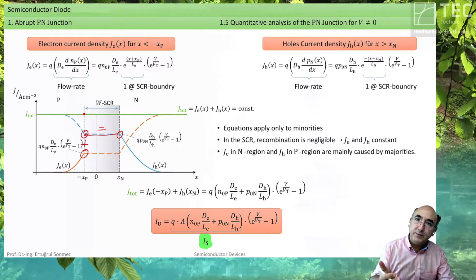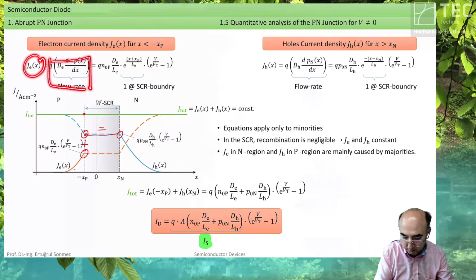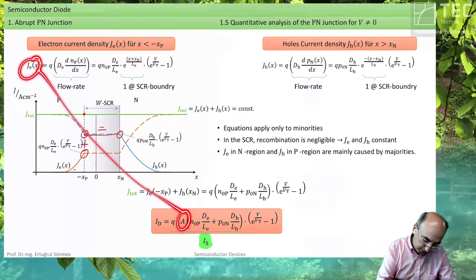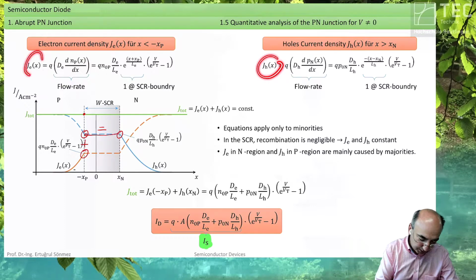And as we let electrons flow, the flow rate ends up as a current density times area. As we have two components in our current, the hole current and the electron current, the overall current is the sum of them.